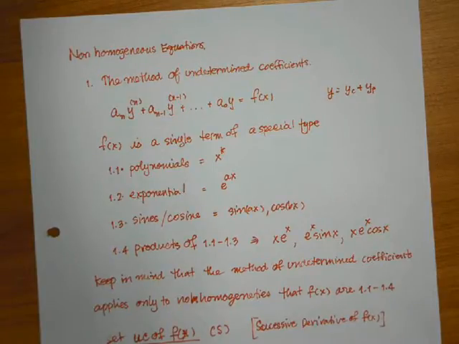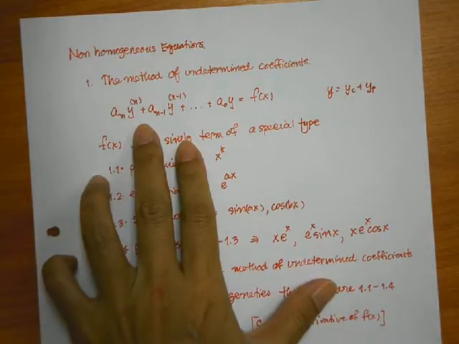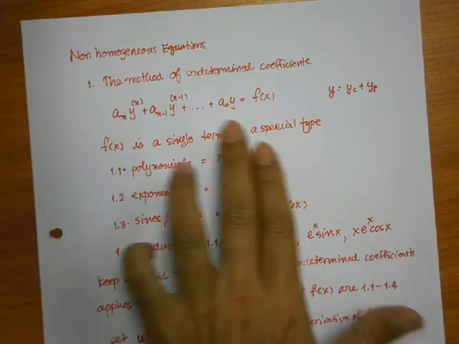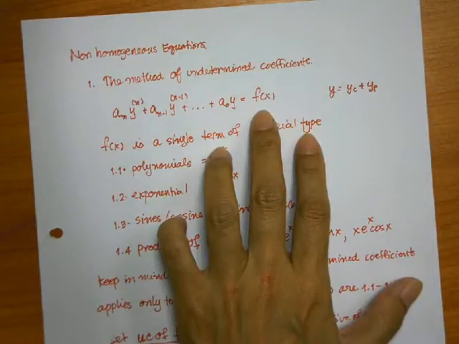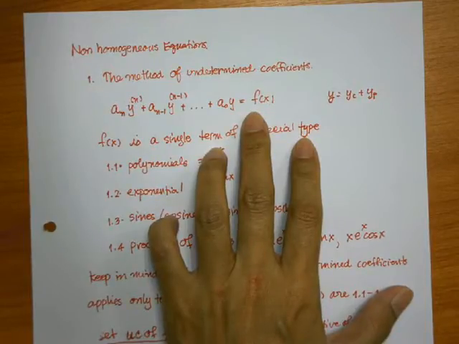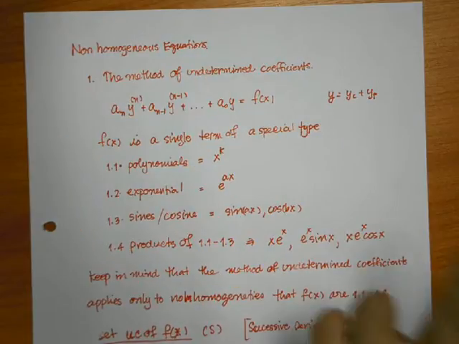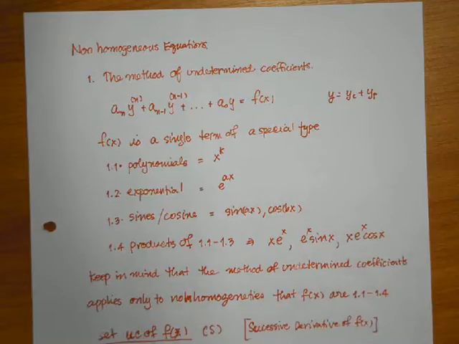If we have an nth order non-homogeneous differential equation, where the term f(x) on the right side of the equation is not equal to 0, the answer of this differential equation is composed of two parts, which are yc, the general solution, and yp, the particular solution. Yc, you know how to find from the previous lecture. With this lecture, we are going to find yp.